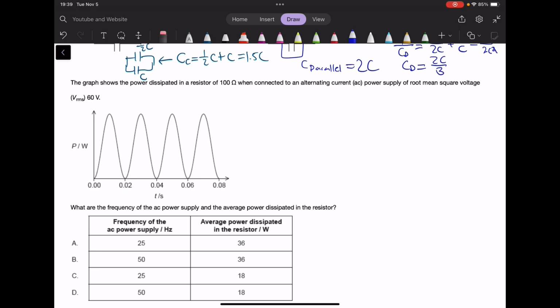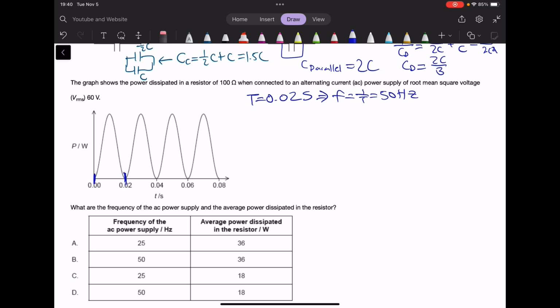Here is the tricky thing. One common mistake people make is look at the graph and say, okay, the period is equal to 0.02 second. So frequency is gonna be equal to 50 hertz.